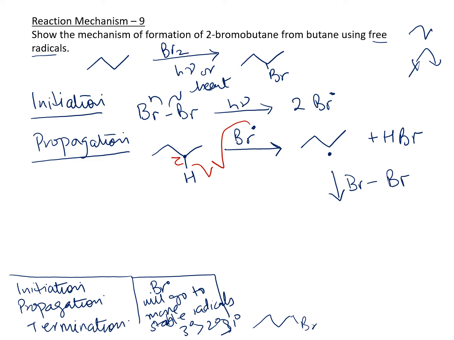We have plenty. Then you have a bromine radical formed here because of this reaction. In this one, you do 2 things at the same time: you're forming your product and you're also creating the radical. So that's your propagation step.